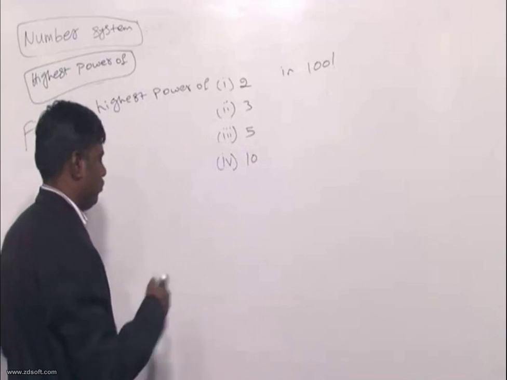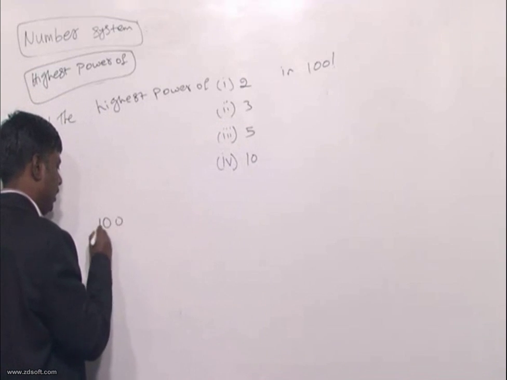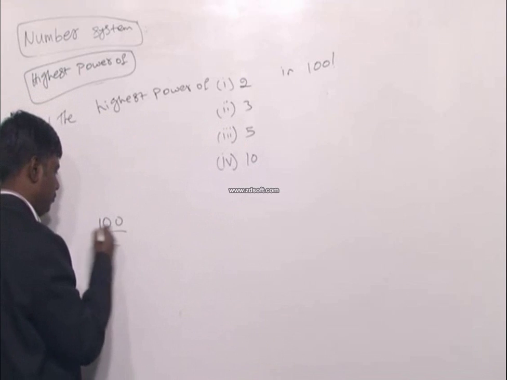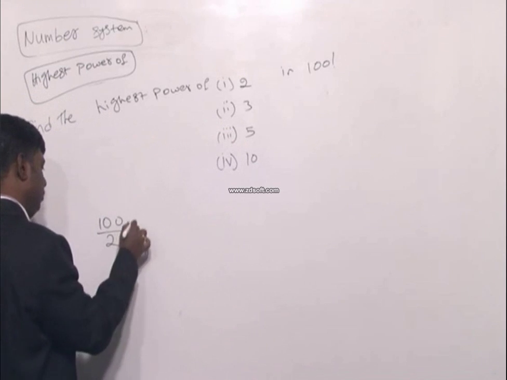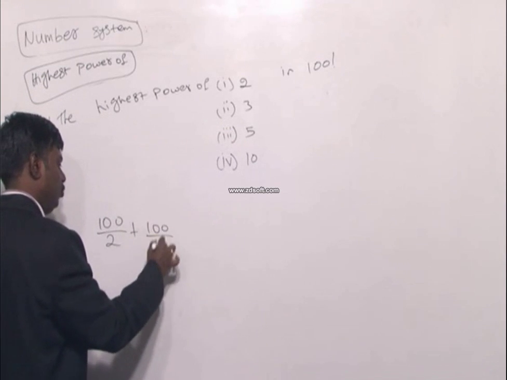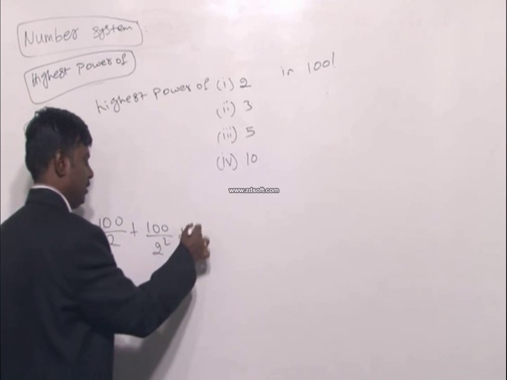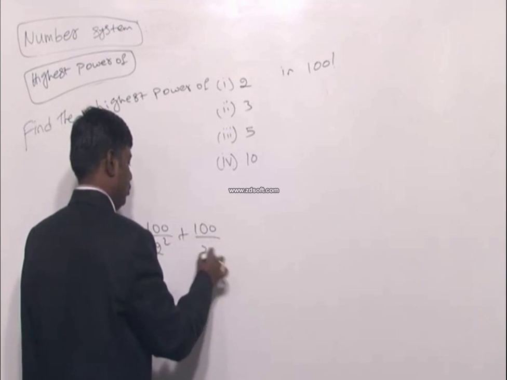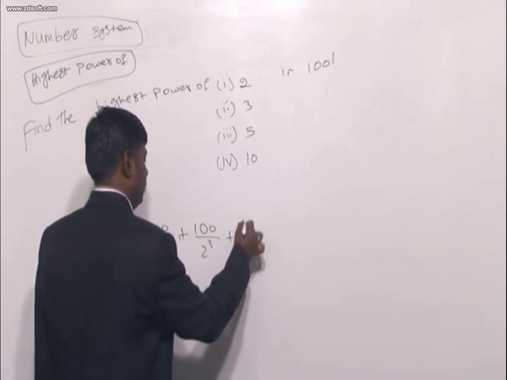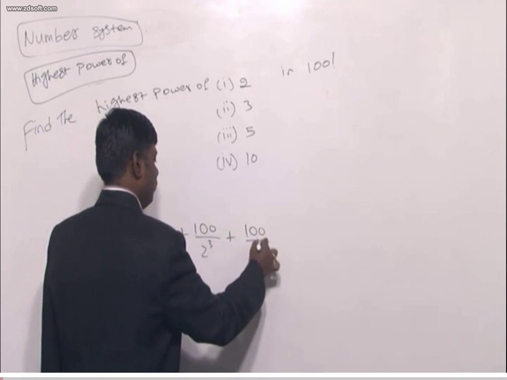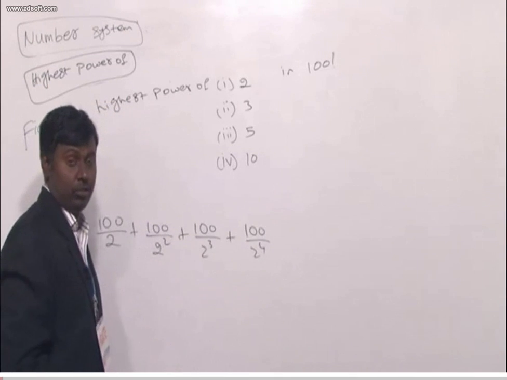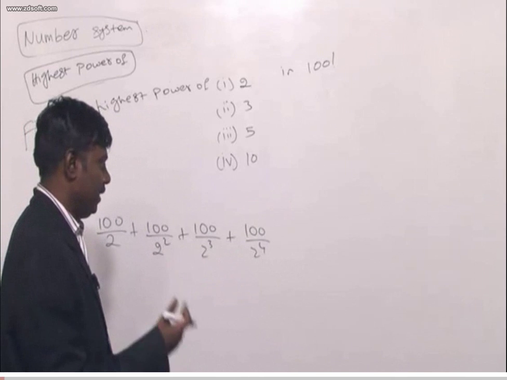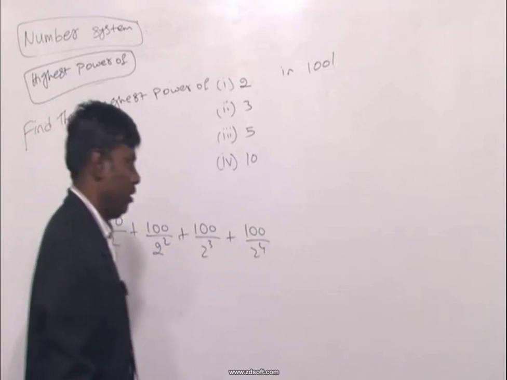Highest power of 2 in 100 factorial. So going by that logic, 100 by 2 plus 100 by 2 square plus 100 by 2 cube plus 100 by 2 power 4, till what? Till the highest power of 2 less than 100.